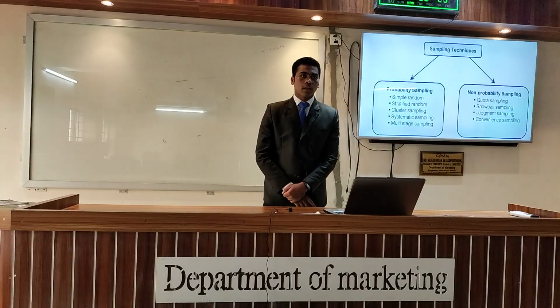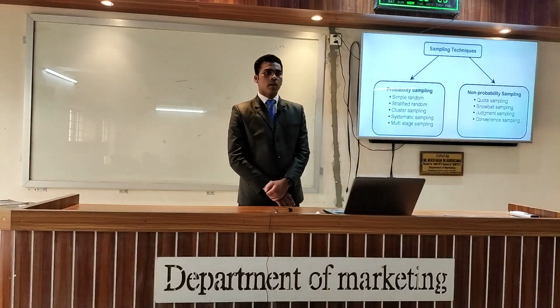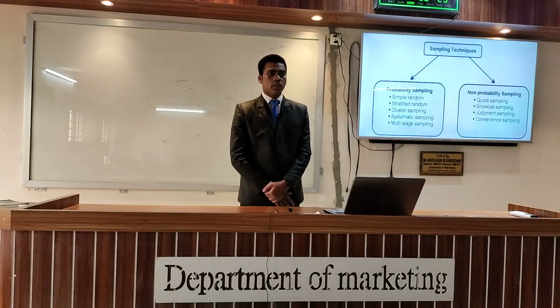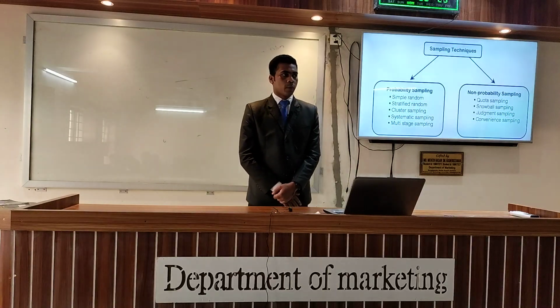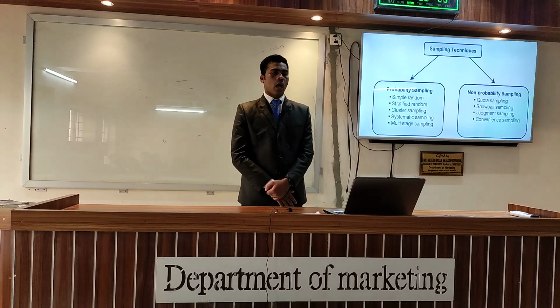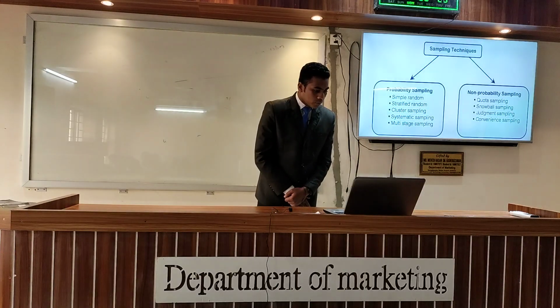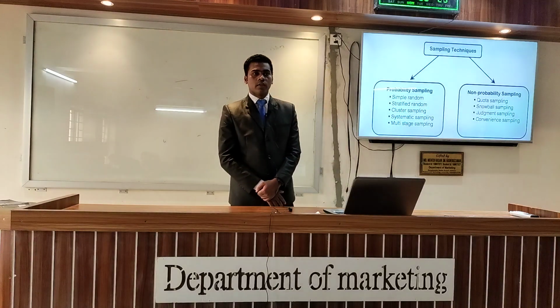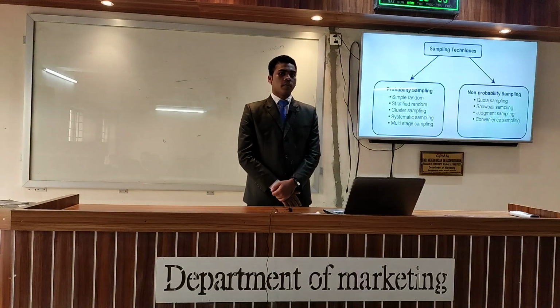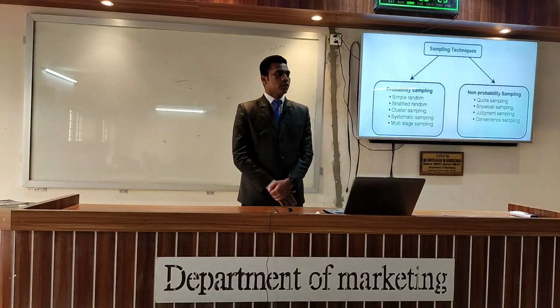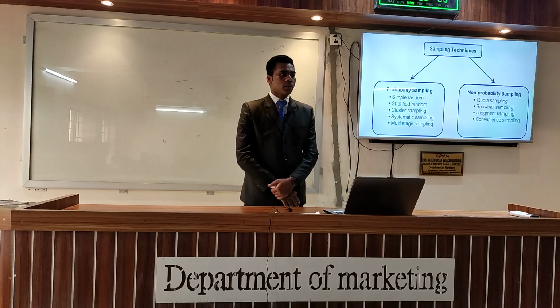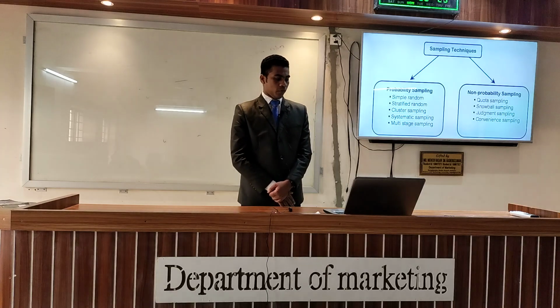And the third one is cluster sampling. Cluster sampling divides the population into different clusters such as the division, the village or household. And the next one is systematic sampling. Systematic sampling is that type of sampling. By this way, the researcher collects the information at a regular interval such as even or odd number, or male or female.